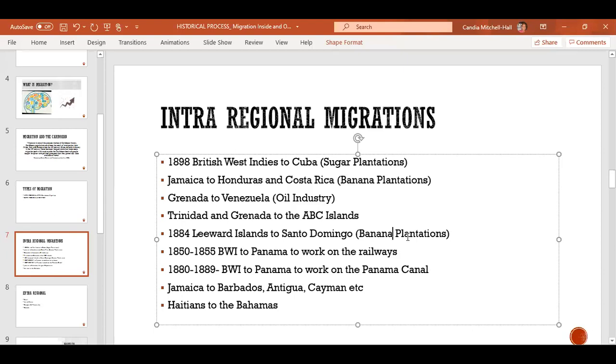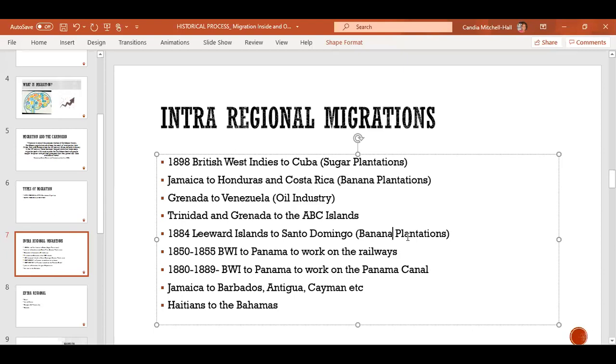In fact, when they started to construct the canal, you had 84,000 Jamaicans who went to Panama to work on the canal. This is separate and apart from the earlier 45,000. And also you had groups coming from Barbados, Martinique, Guadeloupe, Trinidad, Grenada.